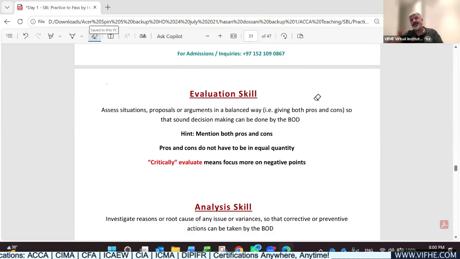So critically evaluate simply means that you focus more on negative points or positive points? Critically evaluate means that you have to focus more on negative points.